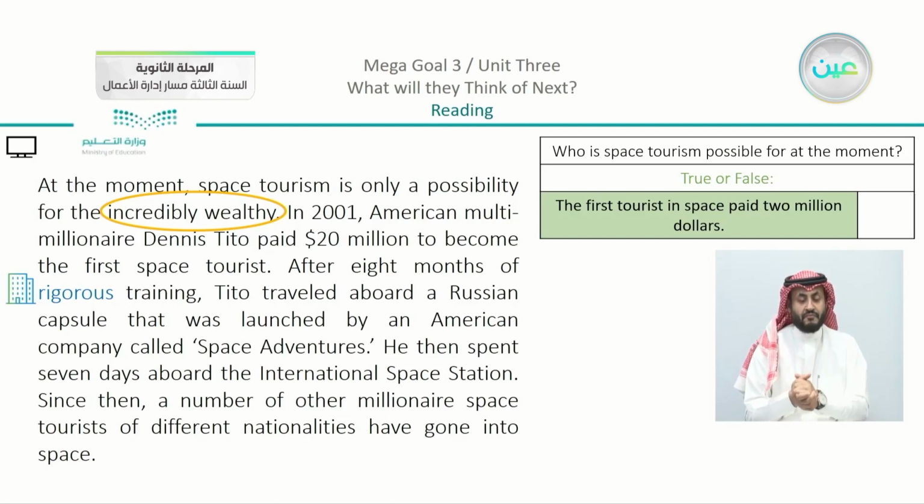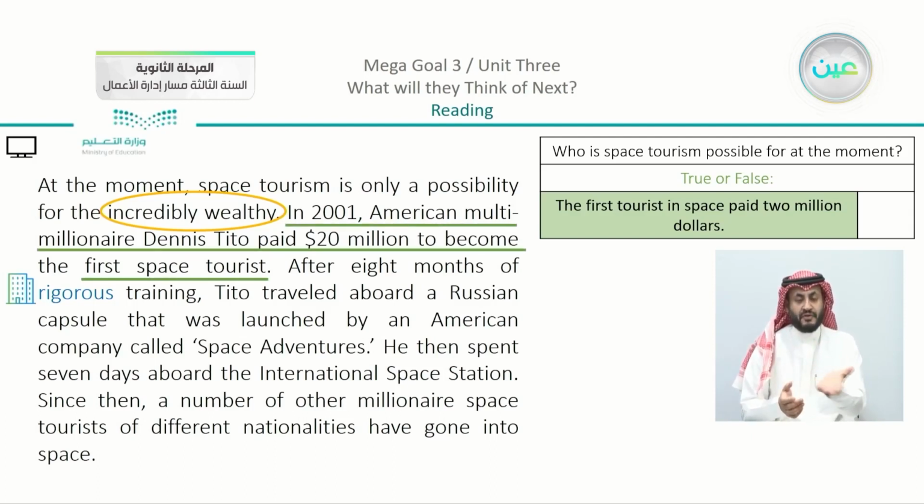So you must be very wealthy at the present time to go to space. How about the true or false? We can see that the American multimillionaire Dennis Tito paid $20 million to become the first space tourist. So the true or false said 2 million. Actually, it is 20 million. So this is, of course, false.